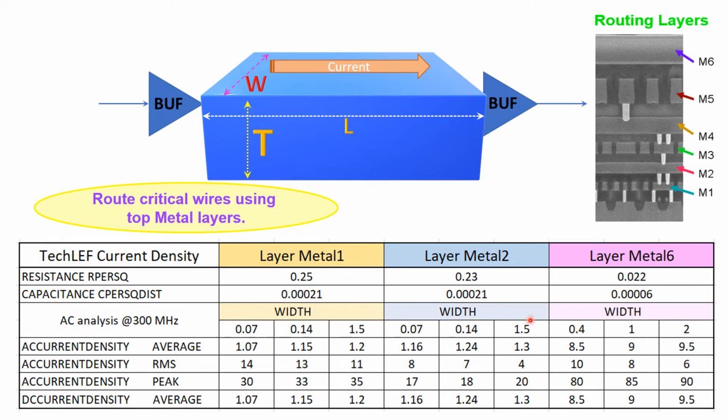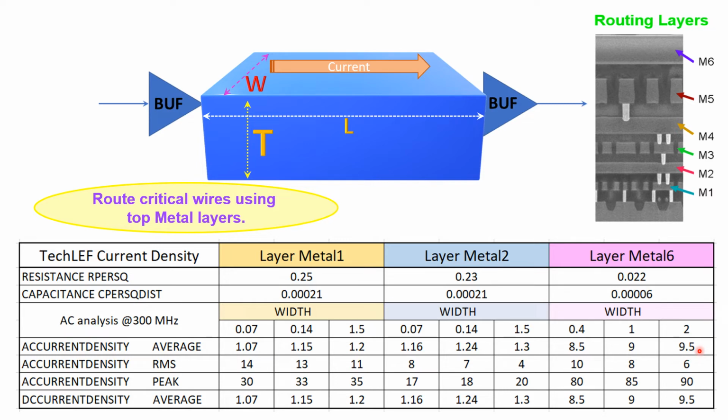If you observe, naturally metal 6 has the higher width compared to metal 1 and metal 2. If you observe the average, RMS and peak values, going to a higher width it is definitely larger, but comparing metal 1 to metal 6, these values are way higher.